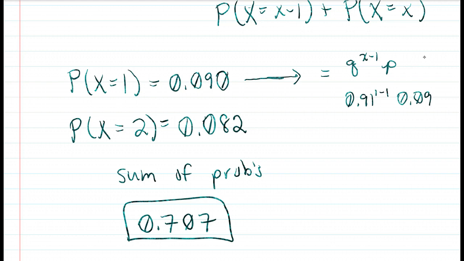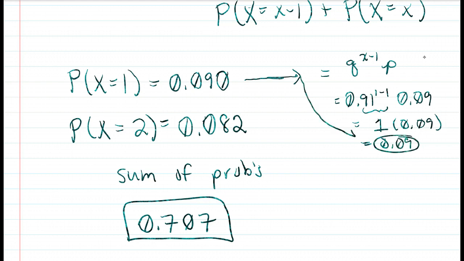So 0.91 to the 1 minus 1, meaning the 0 power, and anything to the 0 power is 1, times 0.09. So we get 0.09 for that one. You would do the same thing for the next one; the only thing that changes is your x value, which becomes 2. Then you do them all the way up through the 13th one and sum them up.